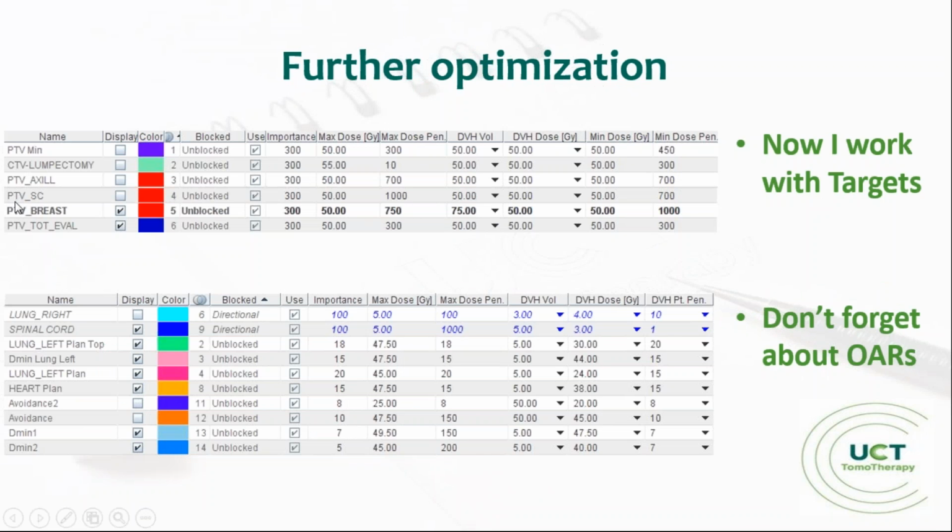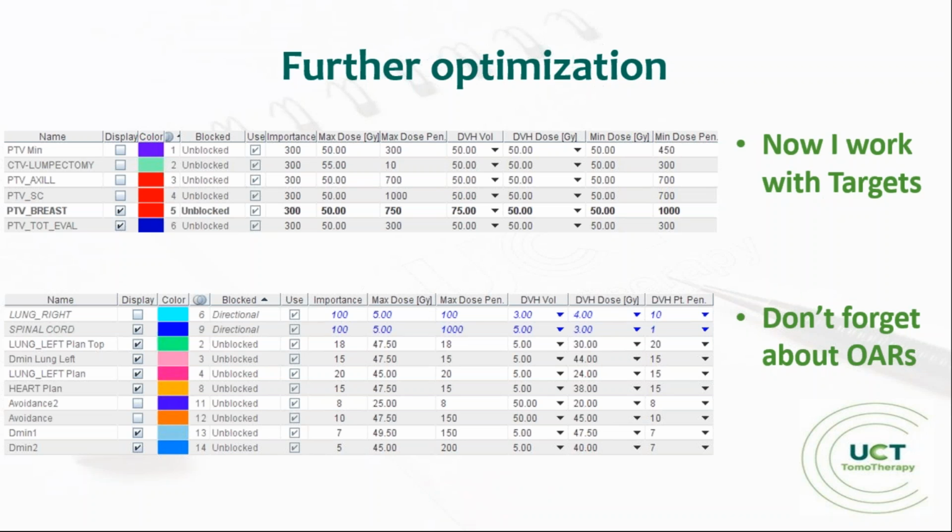For normalization, I used PTV breast, and you see that here I already put 75% of volume to get 50 gray. I usually do it step by step.